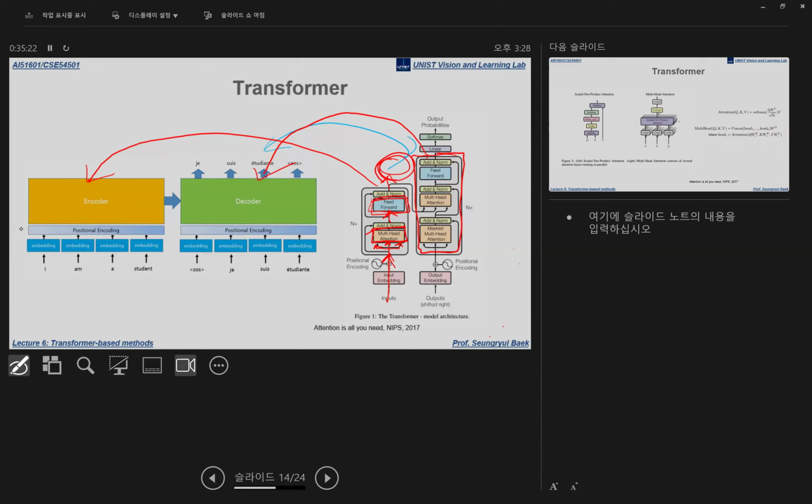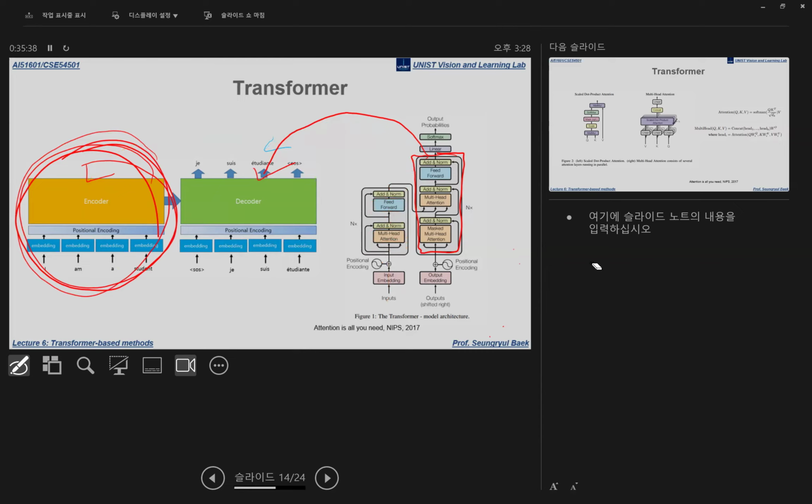So that is the same as what happened in this encoding part. You have to understand this part is the same component as this encoder in this figure. And the final output here means the same thing as this, which is the feature for the entire sentence.